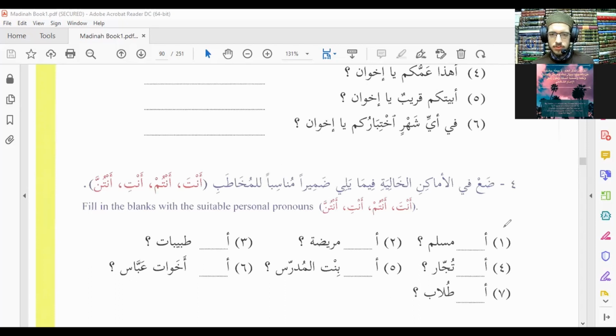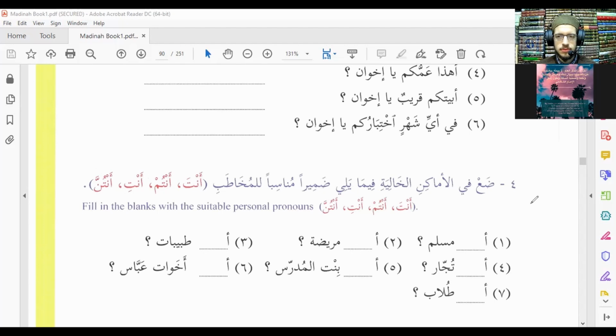أماكن is like مكان. الخالية. Blank. Fill in the blanks. فيما. In what. يلي. Yeli is like the following. It's another way to say following. Okay. Fill in the following blanks. ضميرا مناسبا.